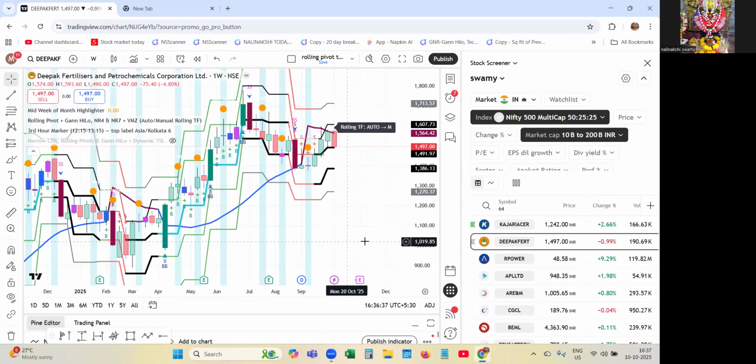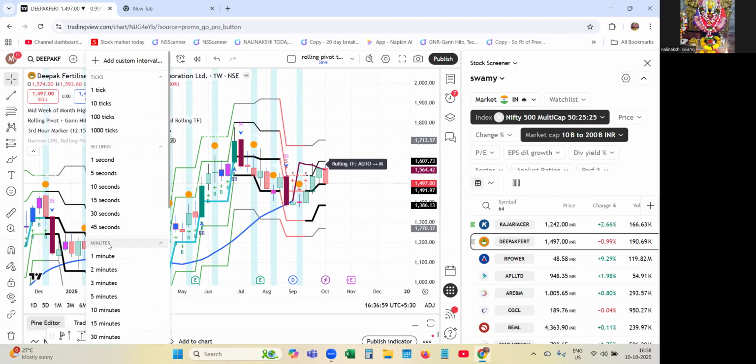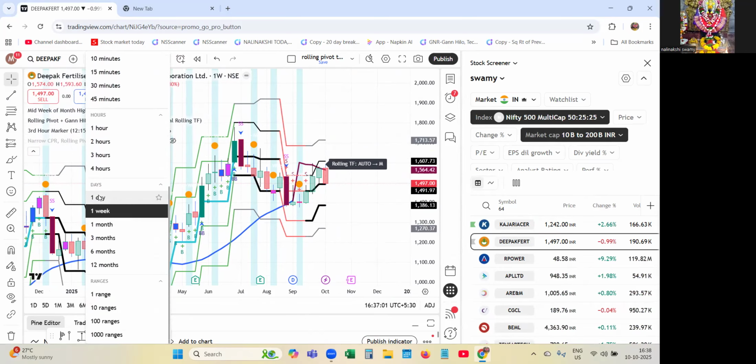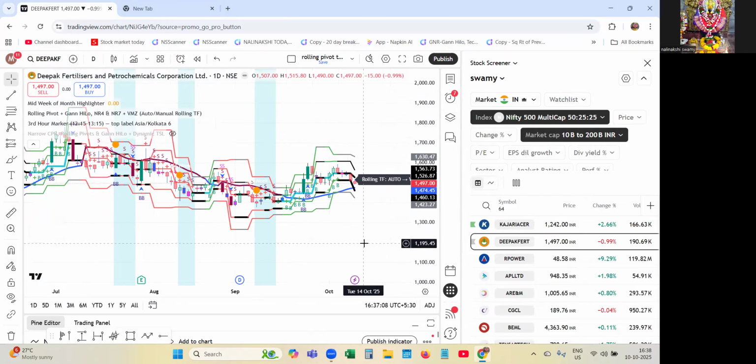Next, since my conditions are very fine, it is above the daily pivot. See, if I check in this stock, Deepak Fertilizers and Petrochemicals is above the pivot, but it is below the trend line. But the weekly pivot, this is the weekly pivot, it is neutral actually. If I change it to daily, let me check on the daily. Daily, it is in the downtrend, but it is above the Gann HiLo.